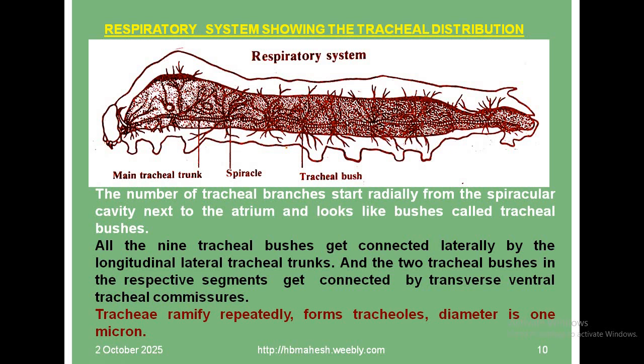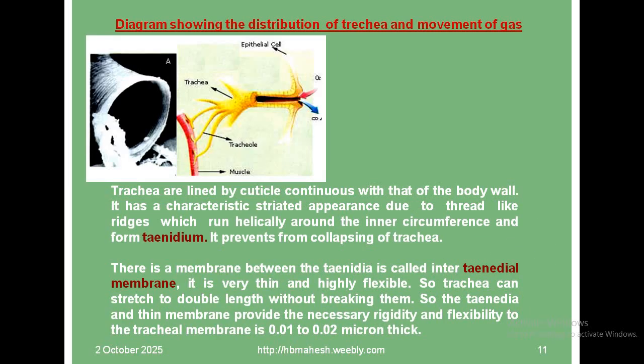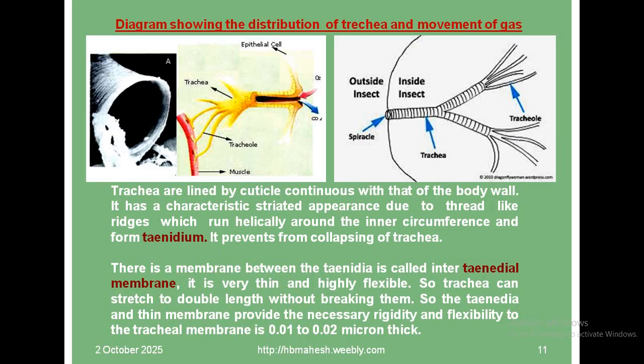Tracheae ramify repeatedly, they divide repeatedly and form tracheoles. The diameter of a tracheole is approximately 1 micron, just like capillaries.